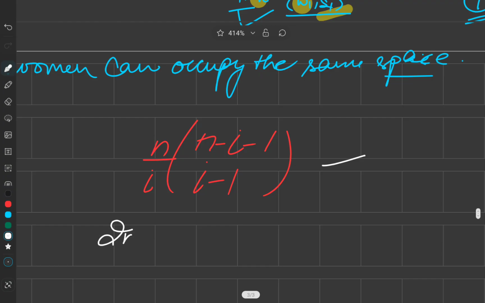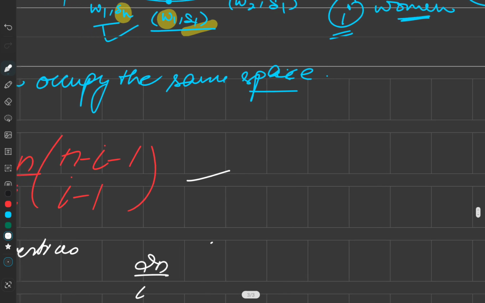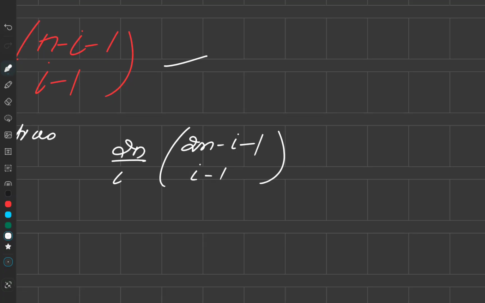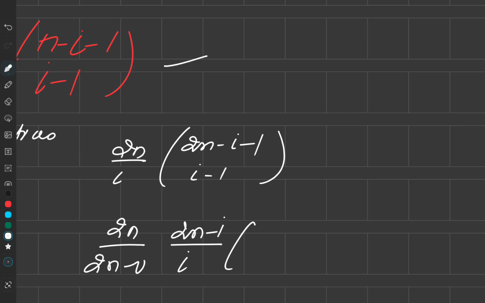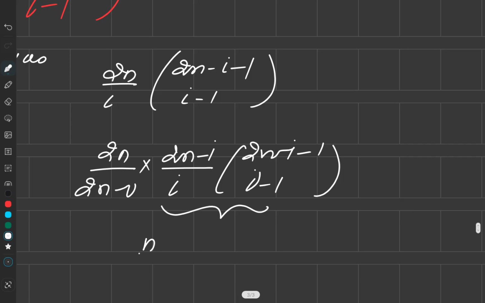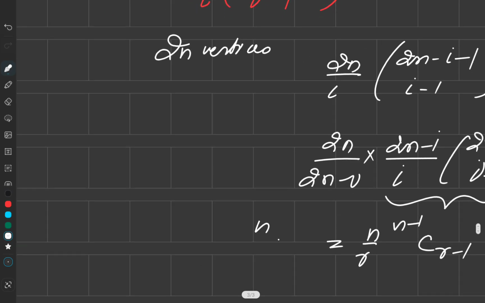But we have 2n vertices, so let's say it is 2n choose I and 2n minus I minus 1, I minus 1, right? Also if we divide and multiply by the appropriate term, this forms the relation we have.